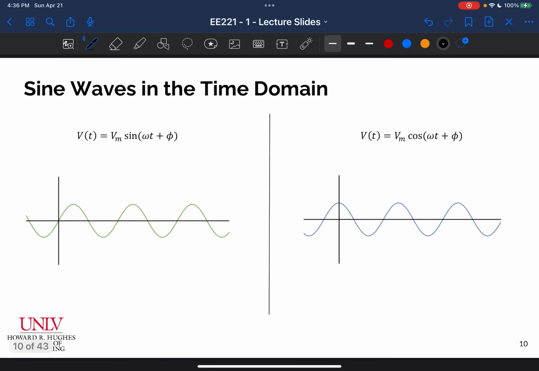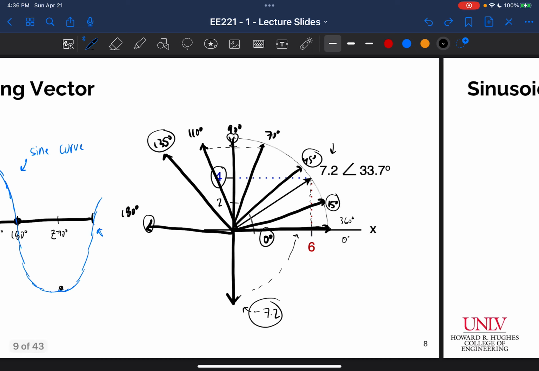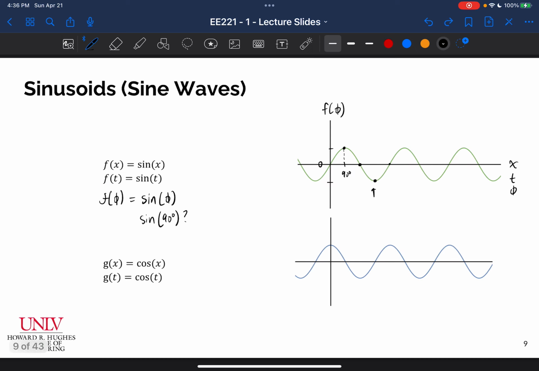And if I keep on going, I get back up to this point where I've now reached 360 degrees, or I can look at it as 0 degrees again, and my y height is again 0. There's no height to that point. And then this just keeps on repeating over and over. And that is what a sine wave is.